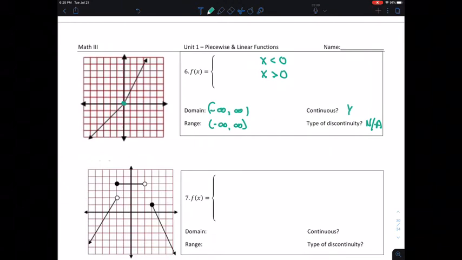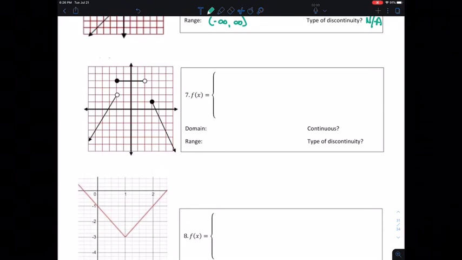Both of them have a y-intercept of 0, so the first equation has a slope of 1, so this would be 1x plus 0. The second part of this has a slope of 2, so that would be 2x plus 0. It's defined at 0, so it doesn't matter which one I do less than or equal to because it is continuous.